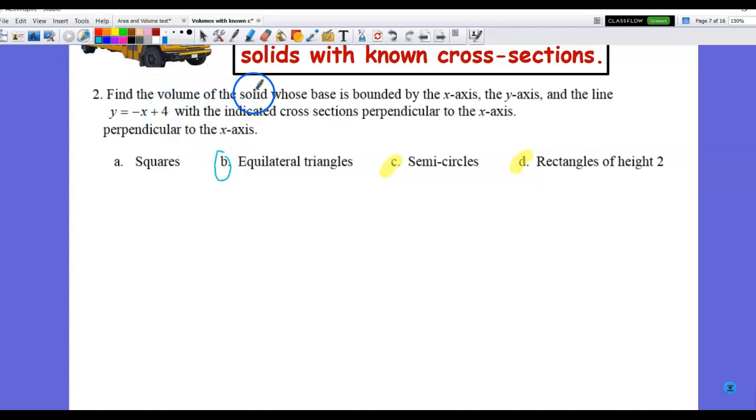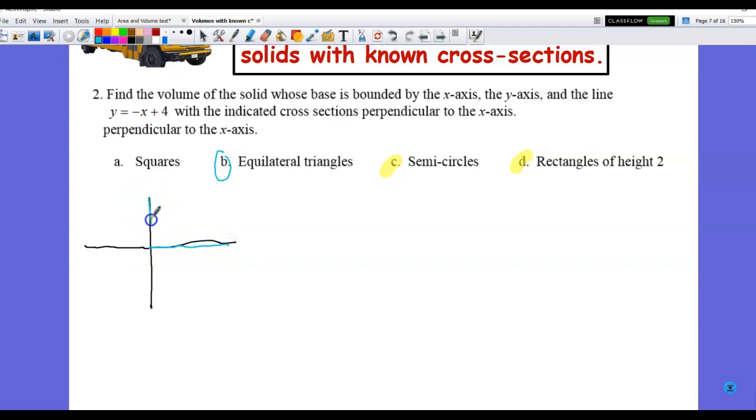So we're going to find the volume of the solid whose base is bounded by the x-axis, we have to pay attention to this, the y-axis, and the line y equals -x plus 4. So let's form our plate. Remember, we always have to form the plate first to see what we're going to sit our cake on. So this problem says that our plate is going to be formed by the x-axis. So this is going to be one of the boundaries of the plate.